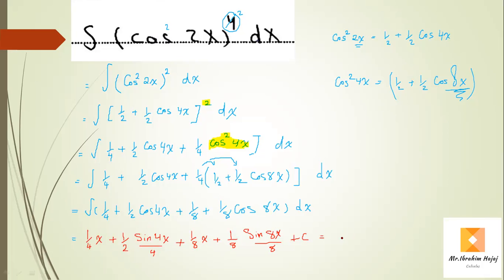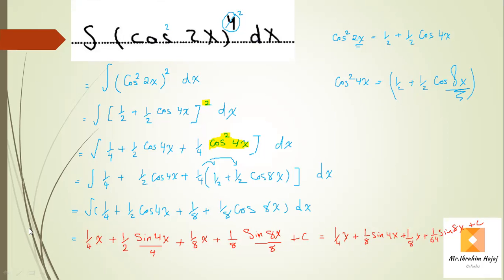Simply, finally, we can write 1 over 4x plus 1 over 2 times 1 over 4 is 1 over 8 sine 4x, and now plus 1 over 8x, so we combine it with the first term. Also 1 over 64 sine 8x plus c.